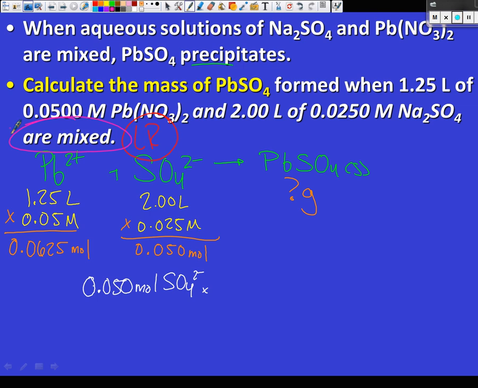No, I don't think it does. So I'm 99.999% positive this is still correct. Okay? All right. So now we know we're going from moles of sulfate to moles of the solid, and then from moles of the solid to grams of it.